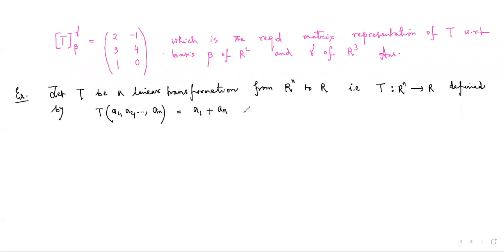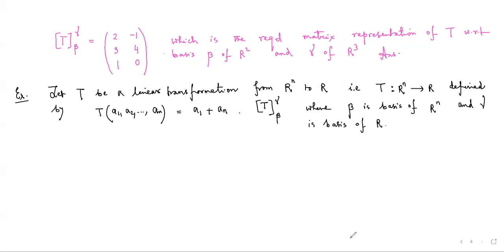Your job is to find the matrix representation of T with respect to beta and gamma, where beta is the basis of Rn and gamma is the basis of R. Can you tell me what will be the answer to this problem?